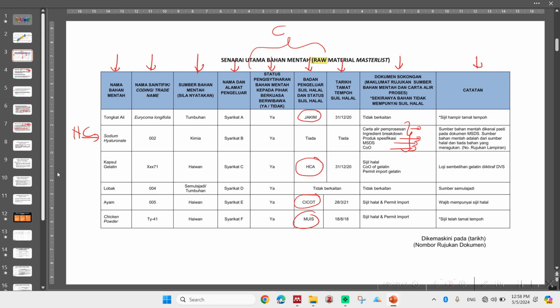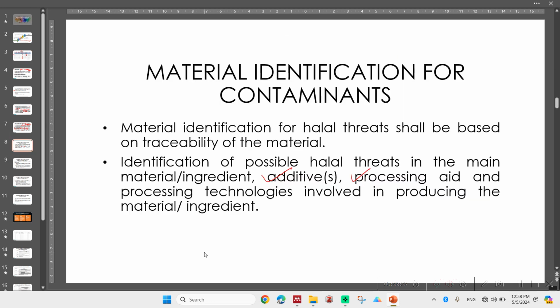What else? The cleaning agent, your soap, soap for dishes, for example, or in some conditions your processing technology, perhaps you have a stove, a freezer, a chiller.